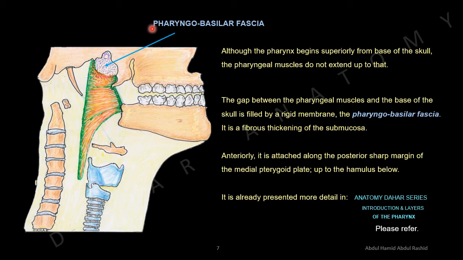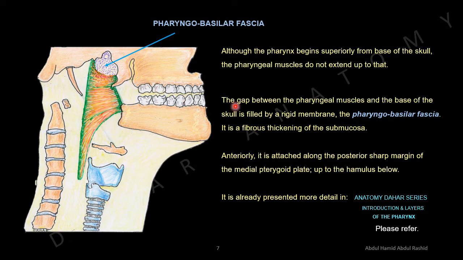Pharyngobasilar fascia. In the diagram, this is the pharyngobasilar fascia. Although the pharynx begins superiorly from the base of the skull, the pharyngeal muscles do not extend up to that. There is a gap between the base of the skull and the upper border of the pharyngeal muscle.